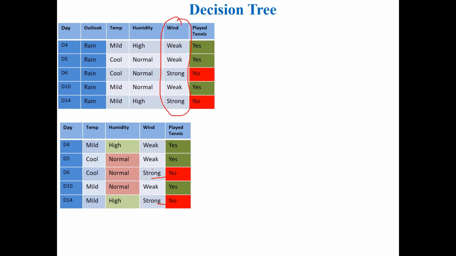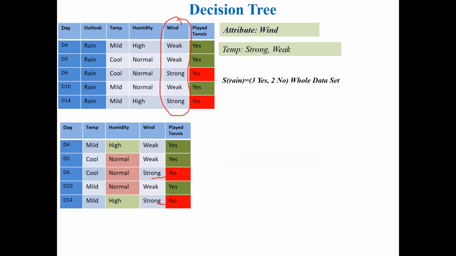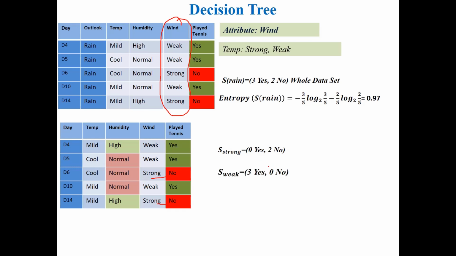Next we will consider wind as an attribute. For wind, there are two values, strong and weak. For S strong, that is the entropy of the strong value, 0 yes are there and 2 are no, so it will come out to be 0. You can observe that out of these two, if any one is 0, then entropy comes out to be 0, as we have already discussed.